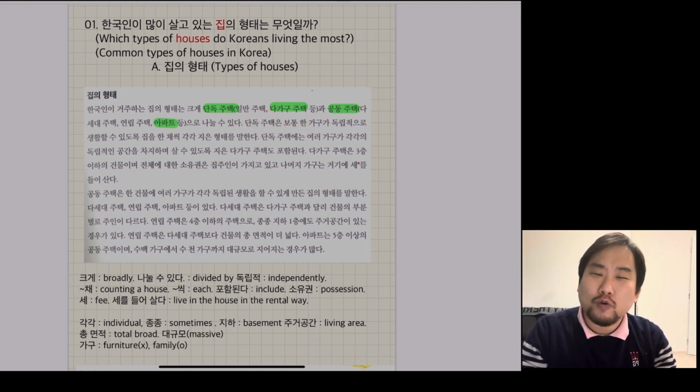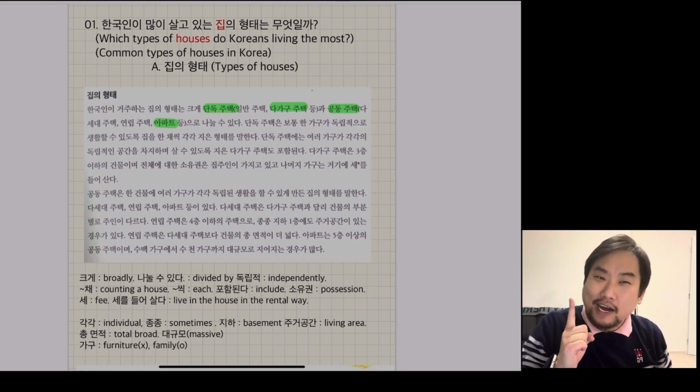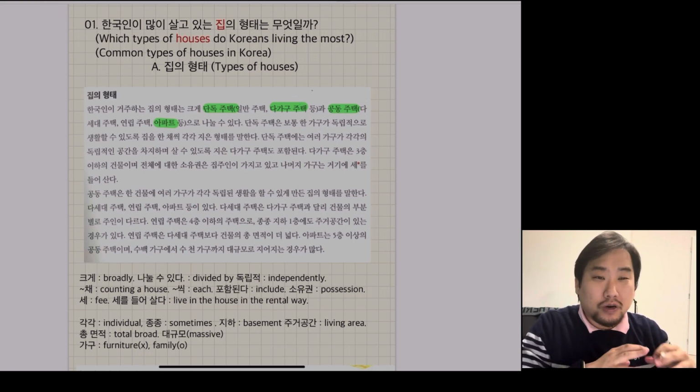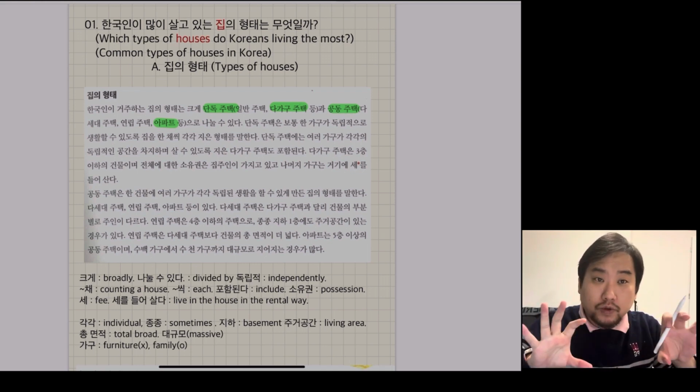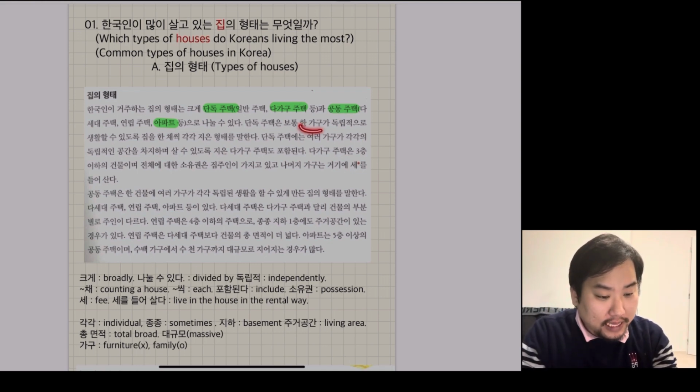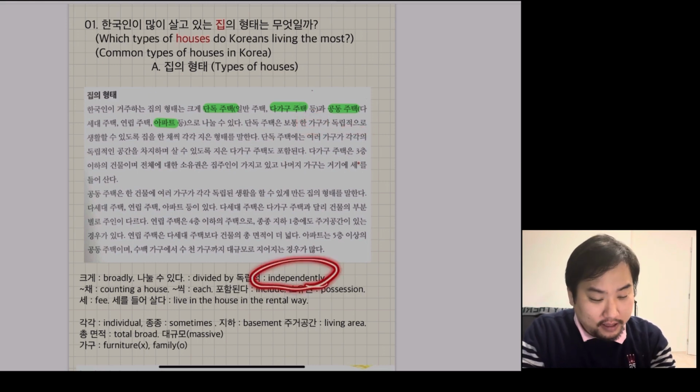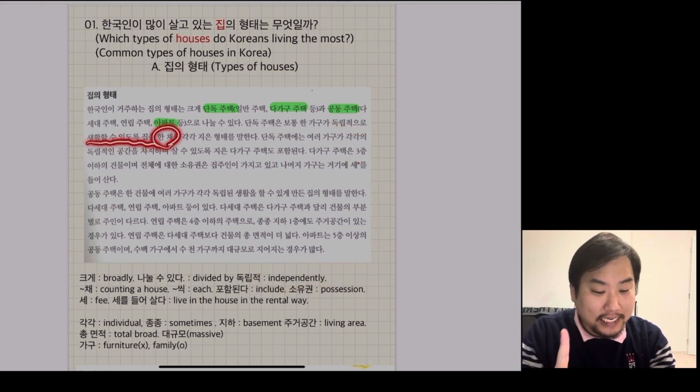Here, 가구 in the dictionary, first meaning is furniture, but also another meaning is a family. 가족, 가구 is almost the same. So, 한 가구가 독립적으로, independently, 독립적으로 생활할 수 있도록 집을 한 채씩 각각 지은 형태를 말한다.